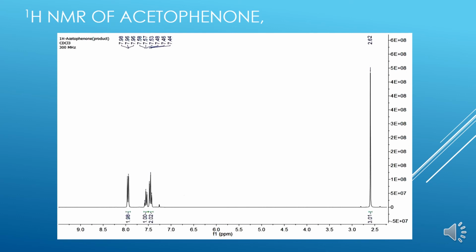Now let us discuss the splitting pattern of acetophenone in the NMR spectrum. C6H5, C double bond O, CH3.